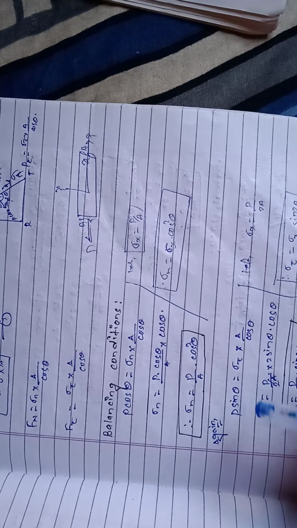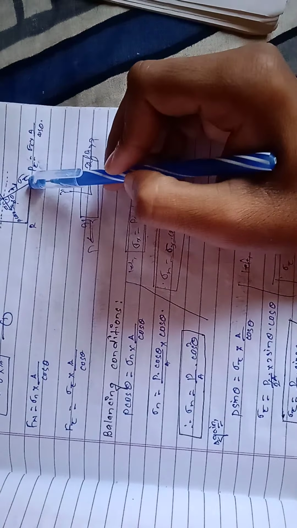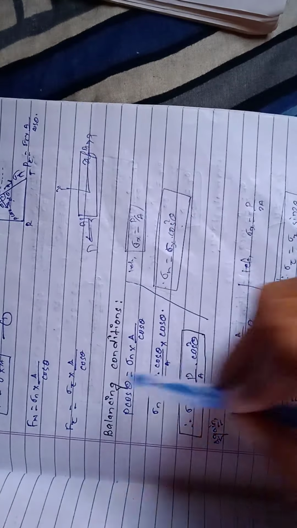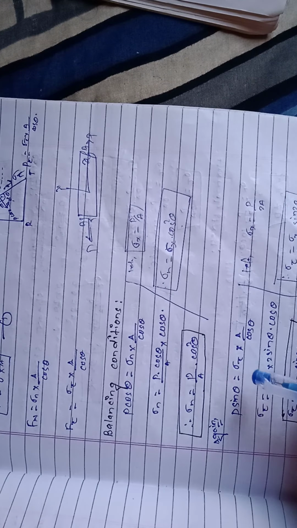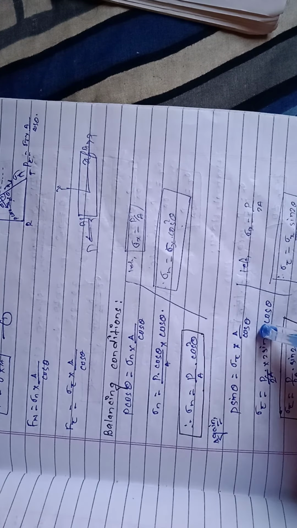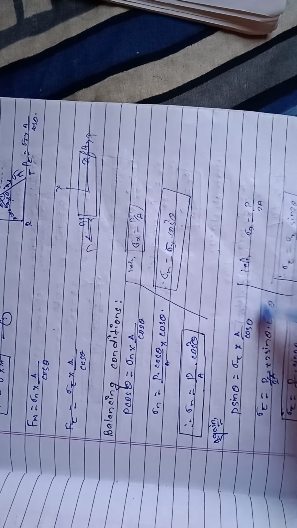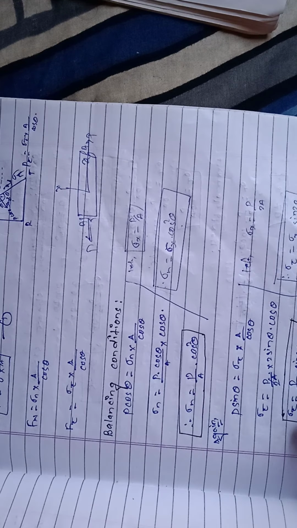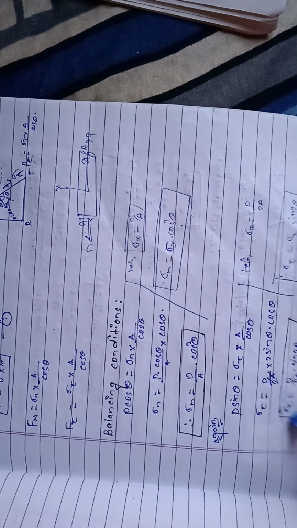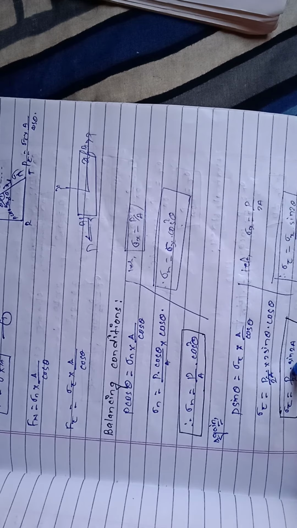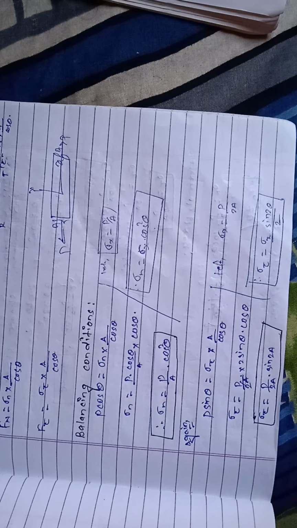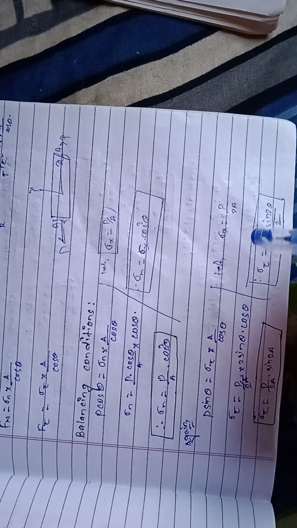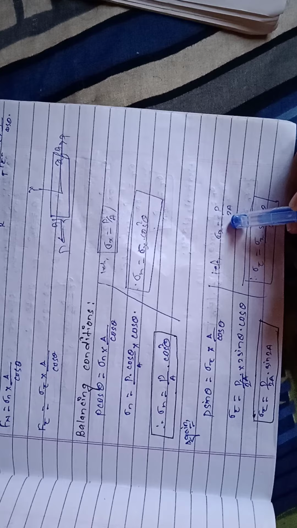Similarly, P sin theta is balancing the shear stress. Shear stress is shear stress into A by cos theta. Solving this, shear stress is equal to P by 2A into sin 2 theta, and this shear stress is also acting along the x direction.